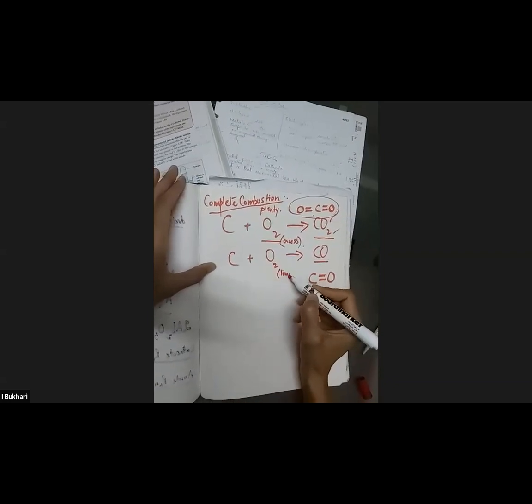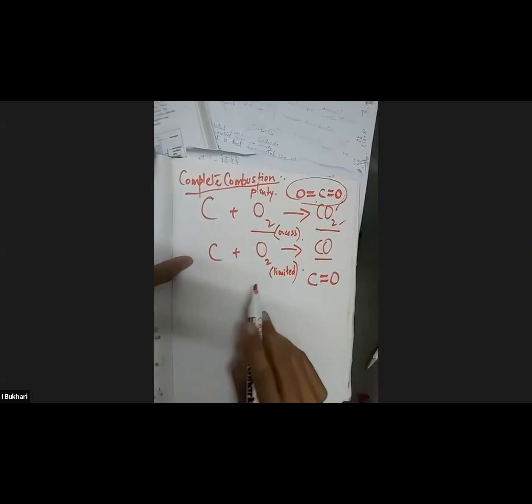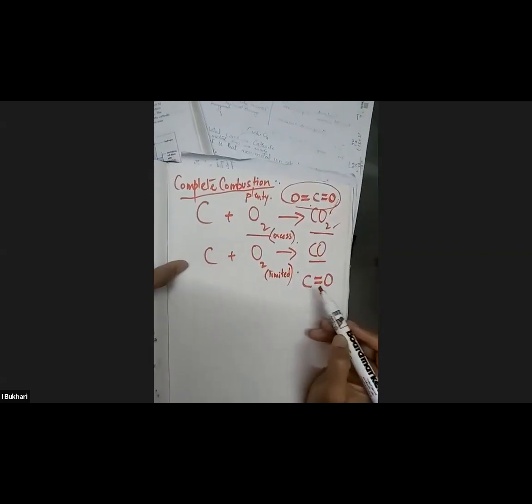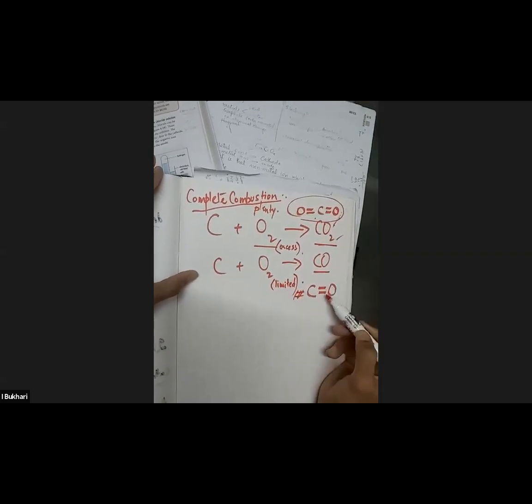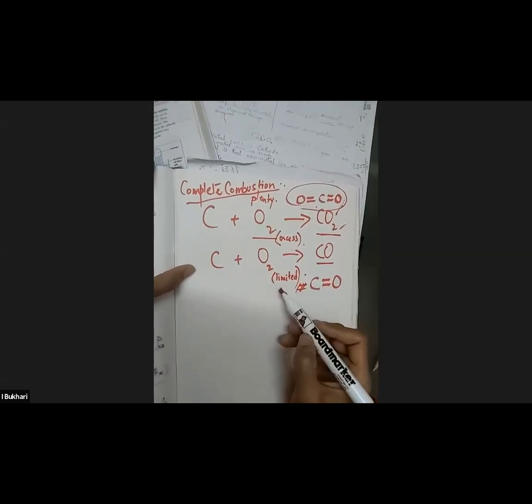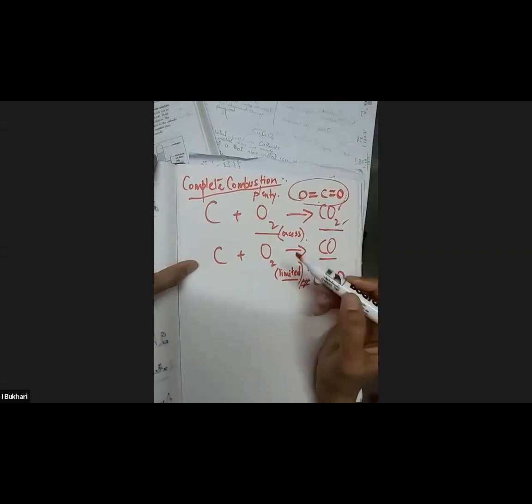Now, when you have a limited supply of oxygen, meaning that you do not have enough oxygen to have 2 oxygen atoms per carbon, only one oxygen is available per carbon atom, so you get carbon monoxide. So it depends upon how much oxygen is available.